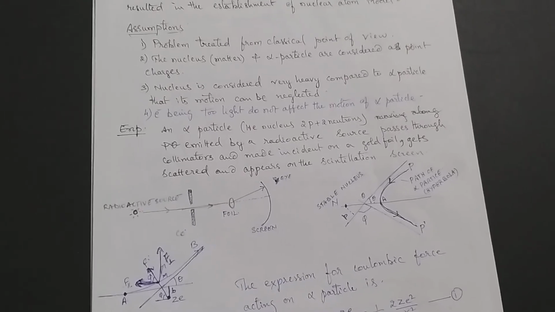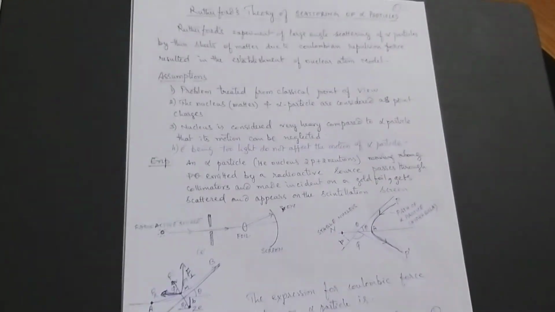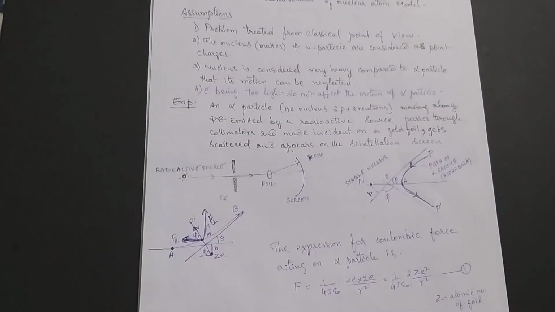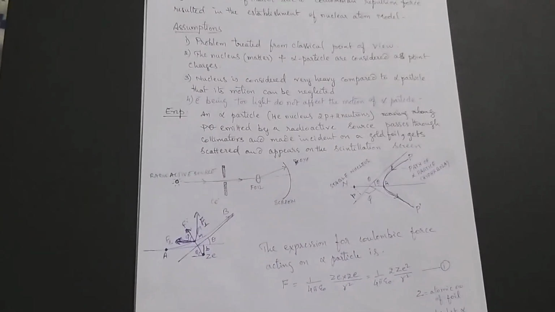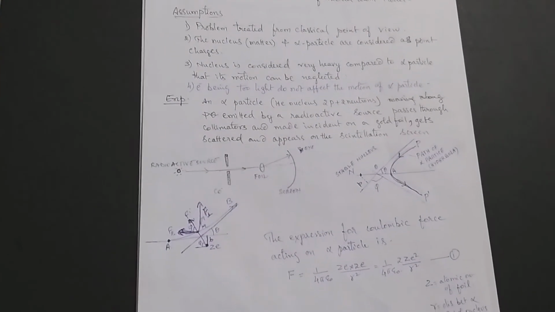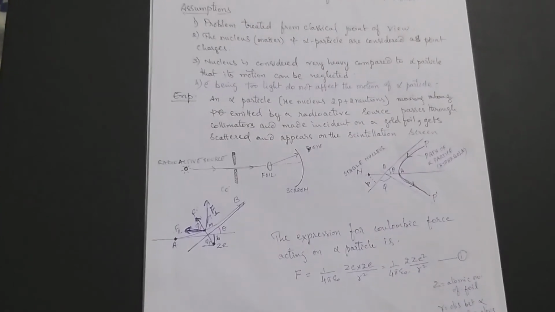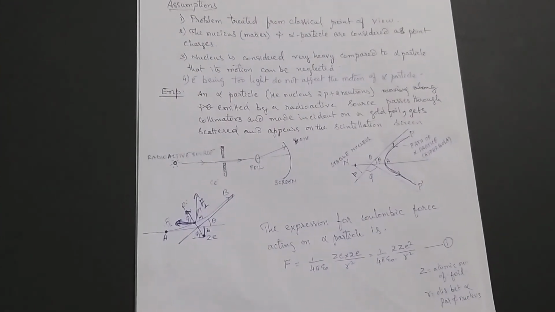The radius of the atom is 1 angstrom, 10 to the power minus 10 meters. The radius of the nucleus is 10 to the power minus 14 meters. That is 1 fermi. So all the positive charge as well as the neutrons which form the basic mass of the atom are centered at one point which is called the nucleus.